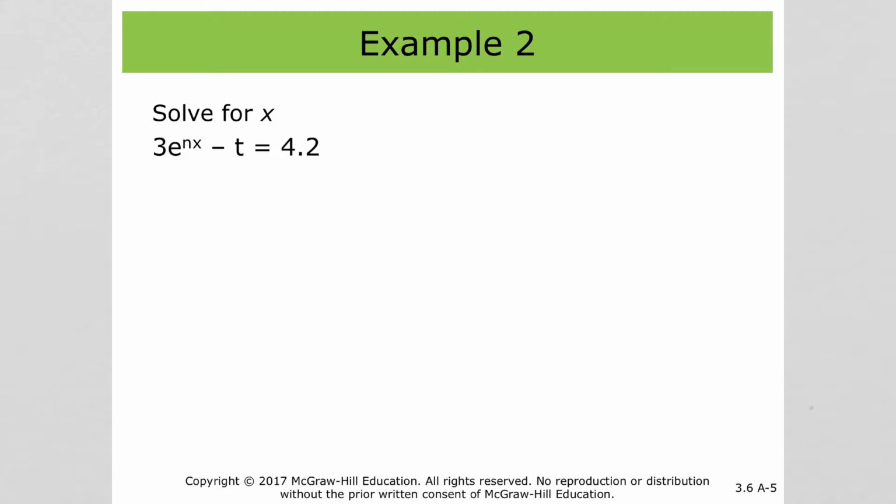For example 2, solve for x. So let's start by adding t to both sides and divide both sides by 3. Then how do we get rid of an e? We natural log.